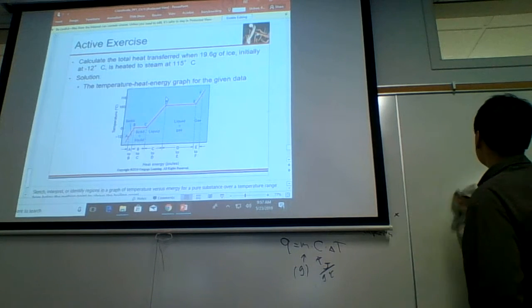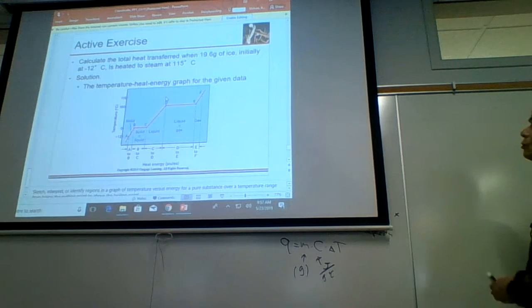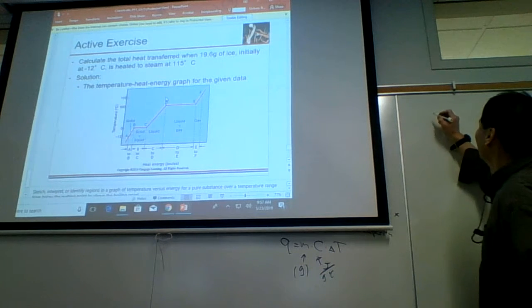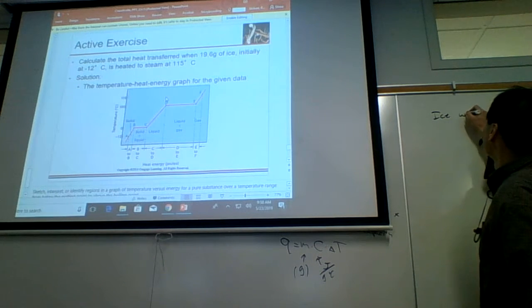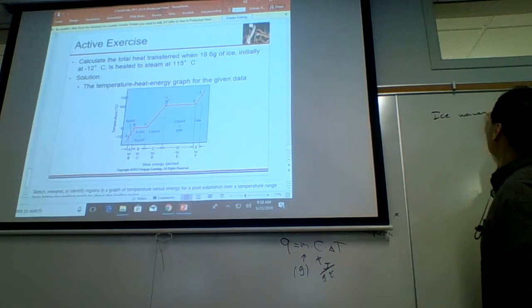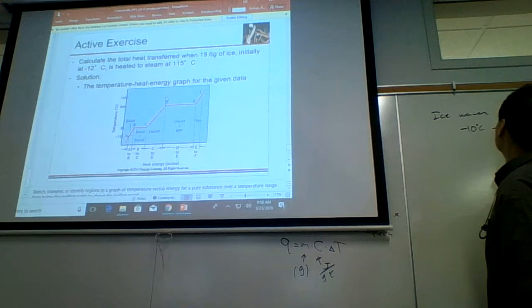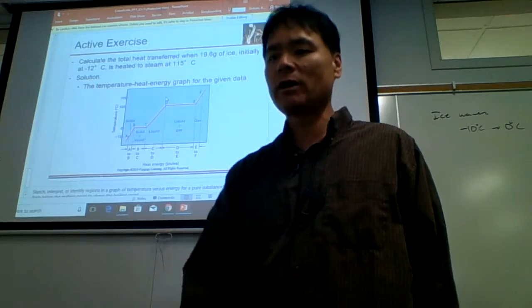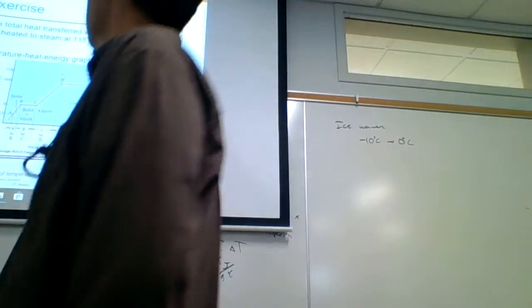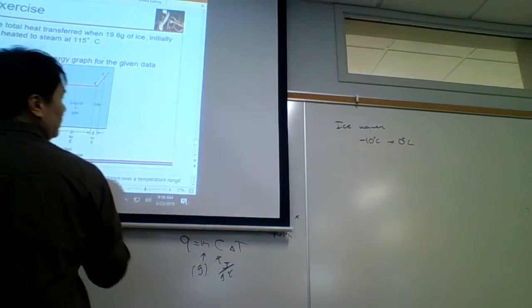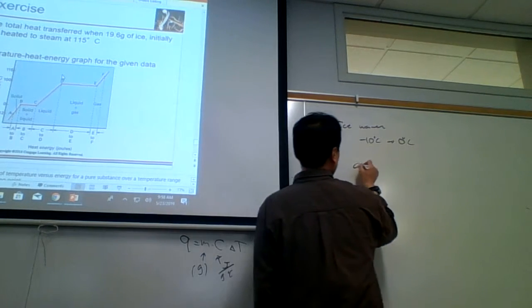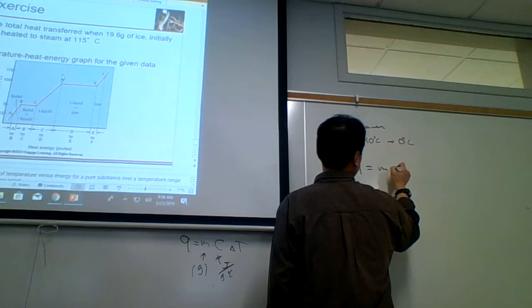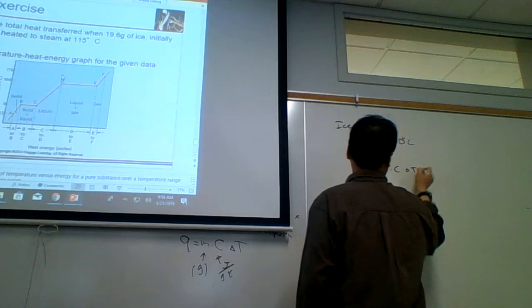The ice cannot warm up all the way to 115 degrees C. So what we're going to have is ice warms from minus 10 degrees C to 0 degrees C. That's the maximum temperature we can have for ice, because then it'll start to melt. Now we need Q is equal to MC delta T.